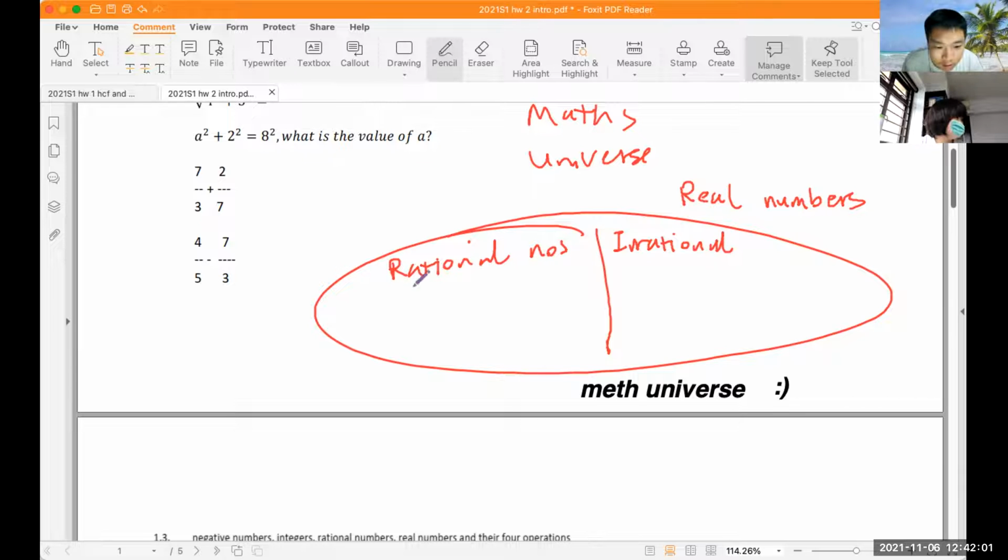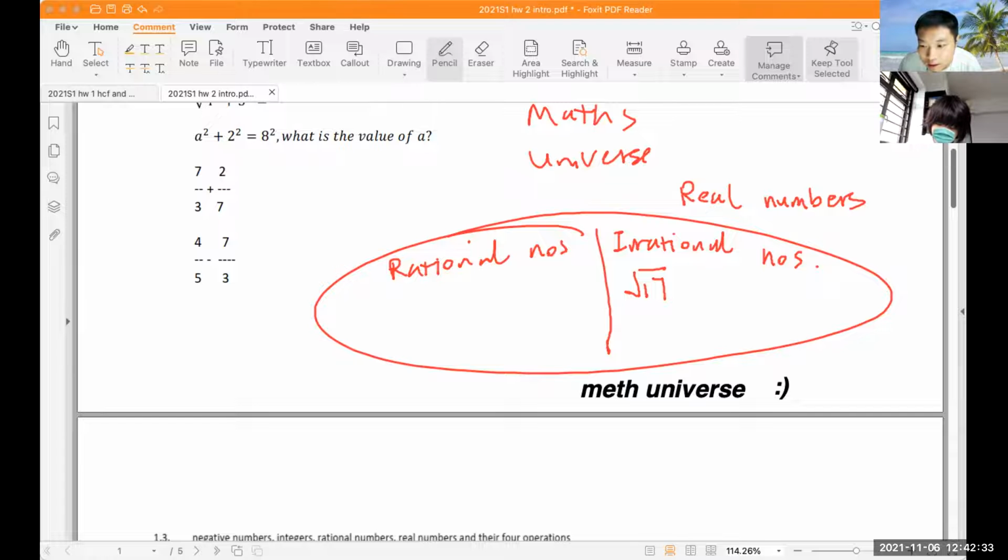So you have the rational numbers on the left, and the irrational numbers on the right. Some examples of irrational numbers is like square root 17. Can you use a calculator? What do you get? 4.123105626.